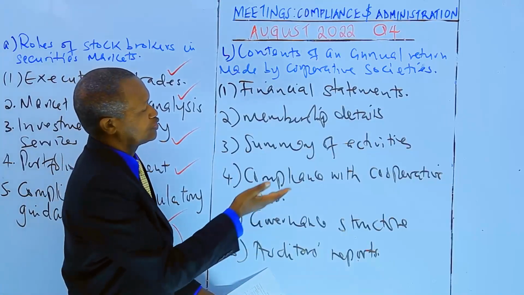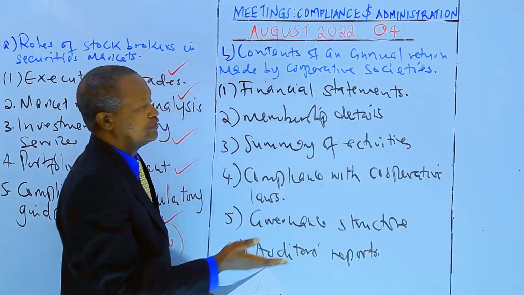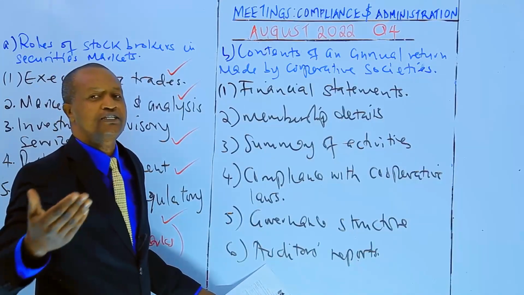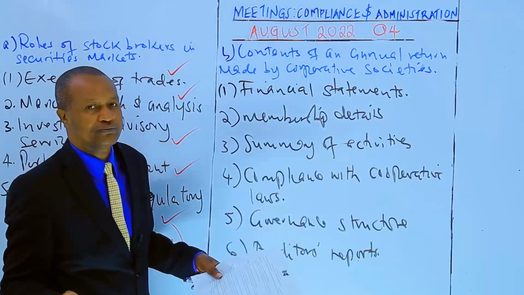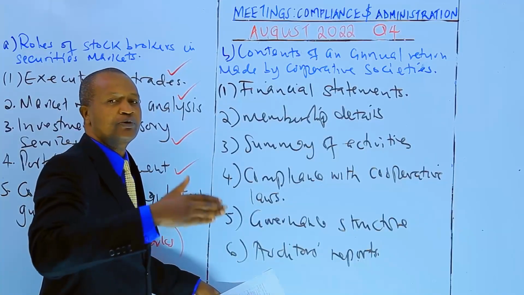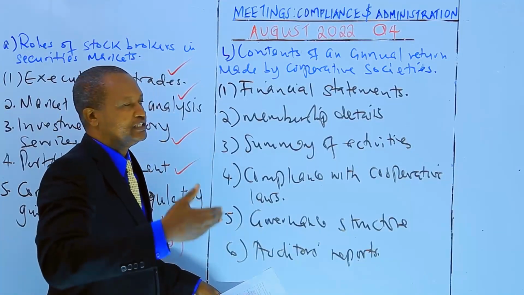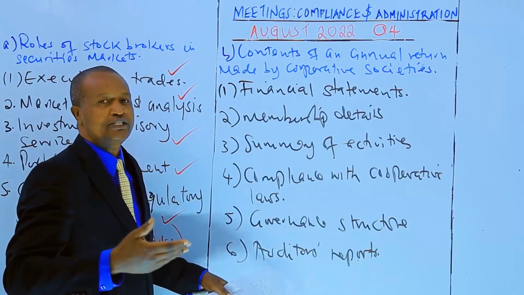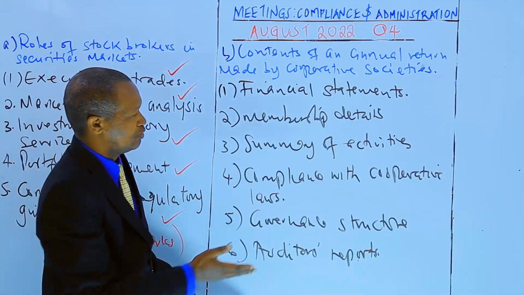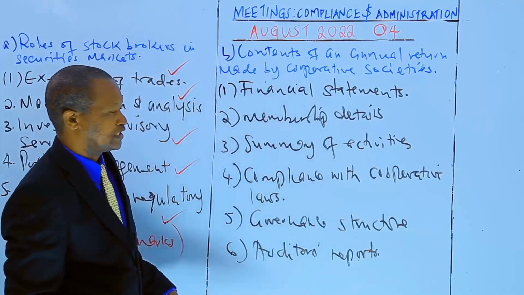The annual return may also have a summary of activities during the reporting period, and it may include details of the projects undertaken, the initiatives implemented, and achievements during that financial year. Compliance with cooperative societies.